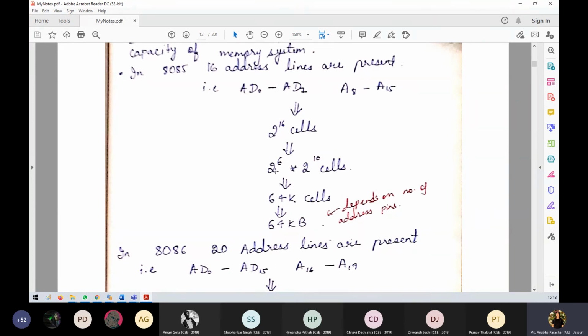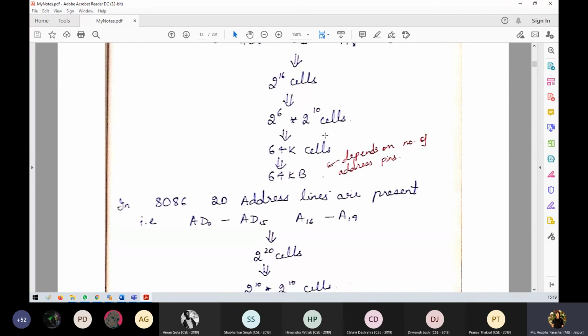If you can remember 2 raised to the power 10, that's good. Then you can remember 2 raised to the power 20 is mega, 30 is giga. So you can remember kilo, mega, giga, and then you can easily do these conversions.